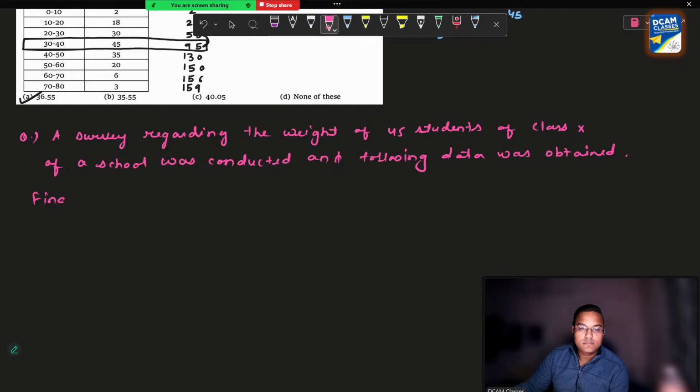Find the median weight. I'm writing the table, weight.